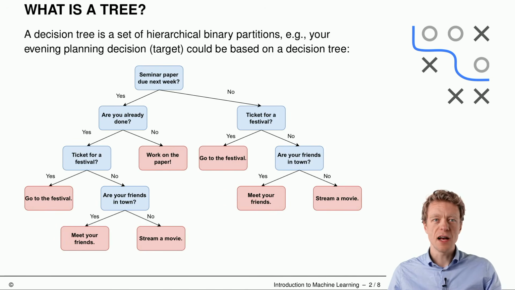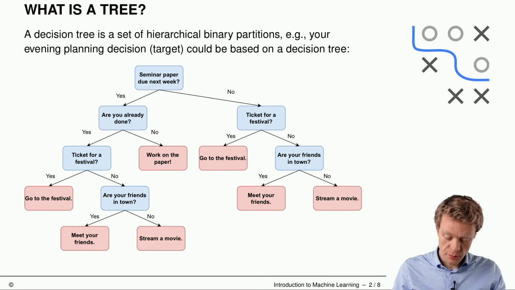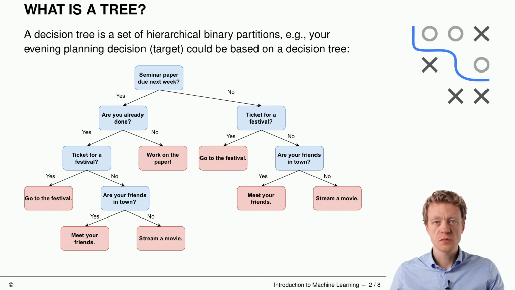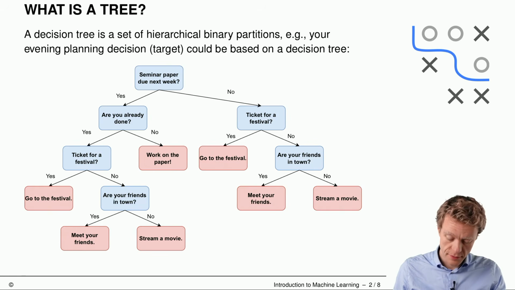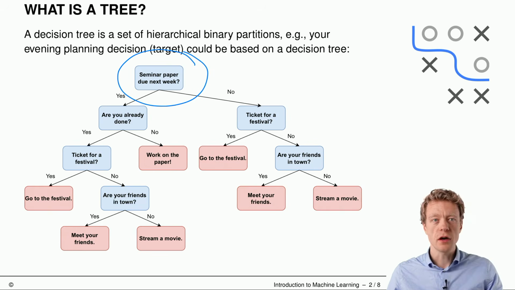This is an example of a decision tree which also consists of a set of hierarchical binary partitions. It's just an example for event planning decisions, which could also be based on a decision tree. So you perform a set of binary decisions. You ask yourself, for example, first, is there a seminar paper due next week?